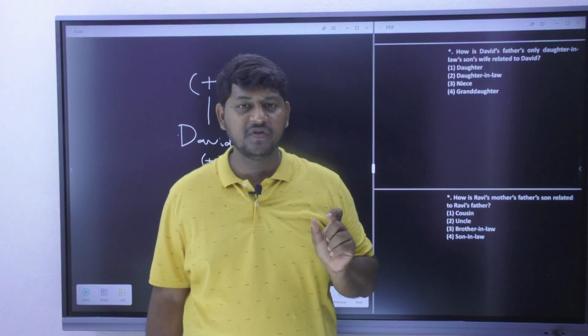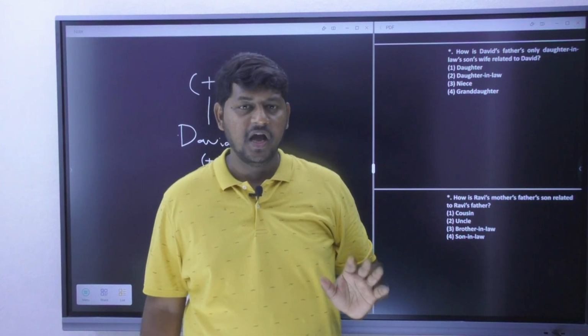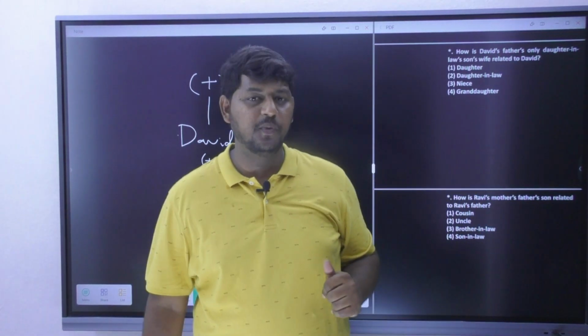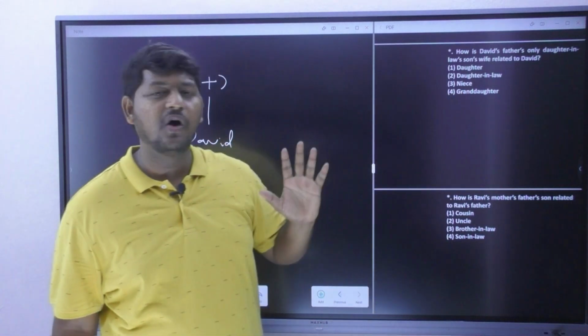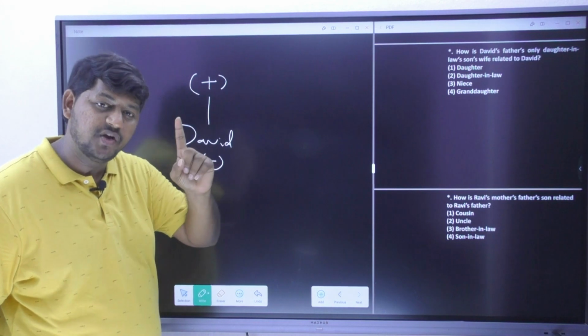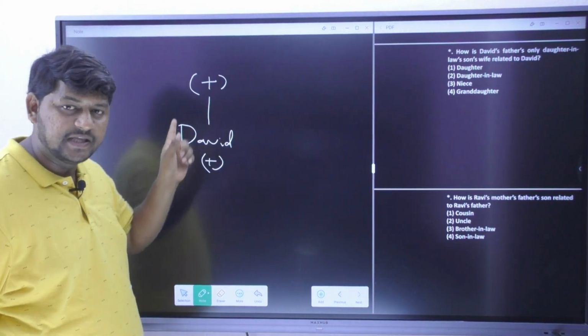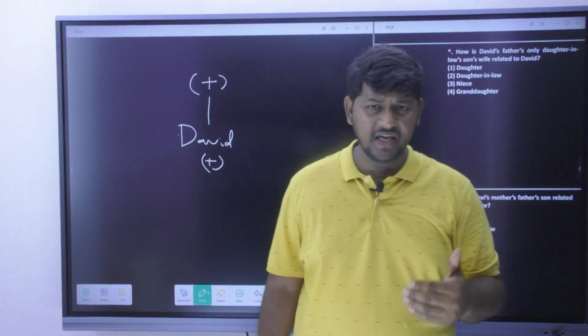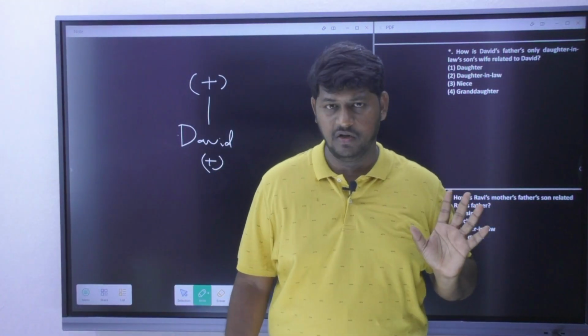Only is the keyword which gives you very good clarity on how many persons are going to be there. It is going to eliminate the possibilities. Only daughter-in-law. It is nothing but David's father is having only one son. It is nothing but David only, because please understand here, he has got only one daughter-in-law.